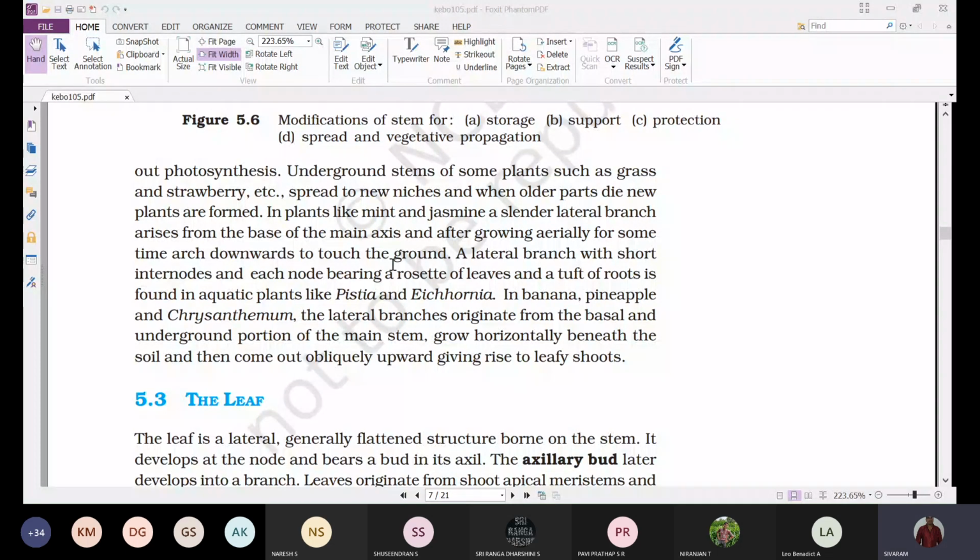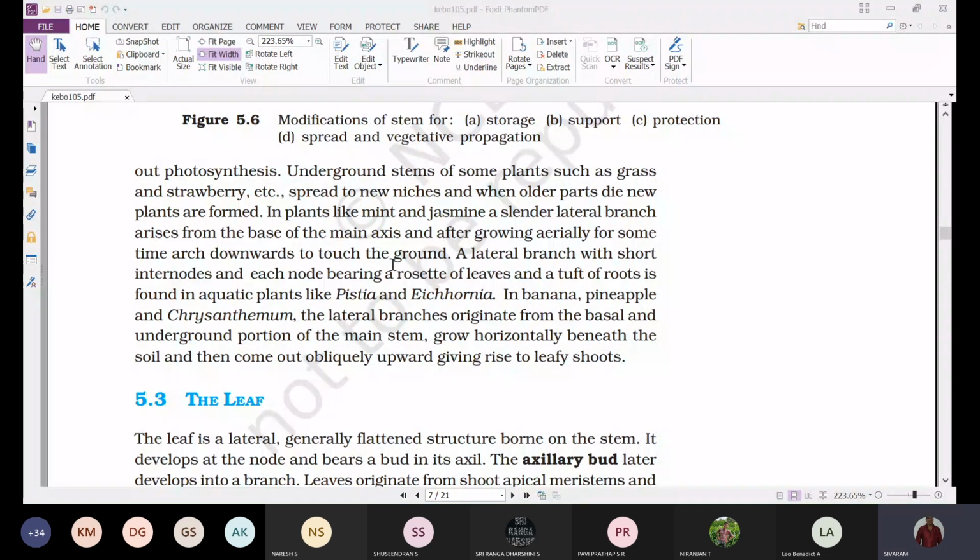Now, next, when you observe jasmine, the branches which develop from the lower nodes, the branches present very close to the soil, will bend, and when they come in contact with the soil, they can develop into a new plant.